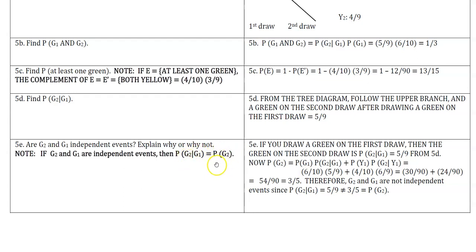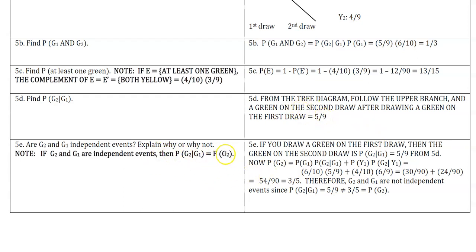That would show independence. It's telling us that whether you condition on G1 or not, the probability of G2 given G1 is the probability of G2 by itself. Okay. All right, we've already calculated this conditional probability on the left, and we saw that to be 5/9.